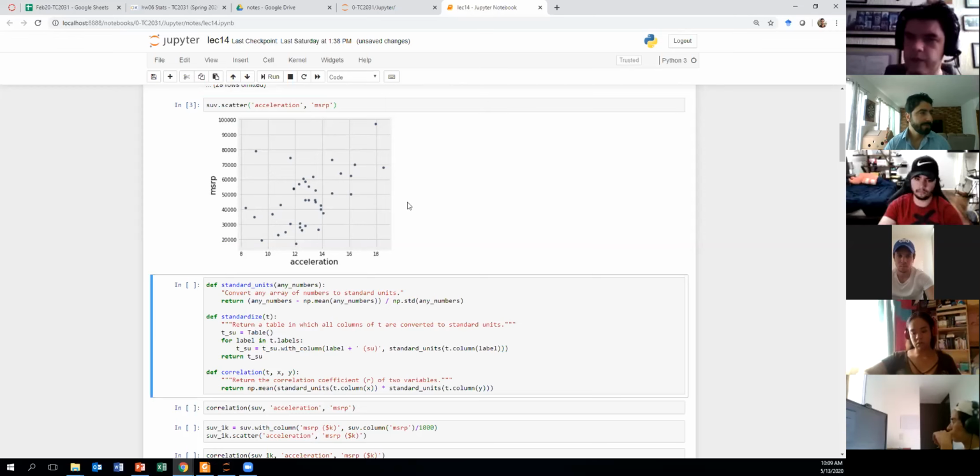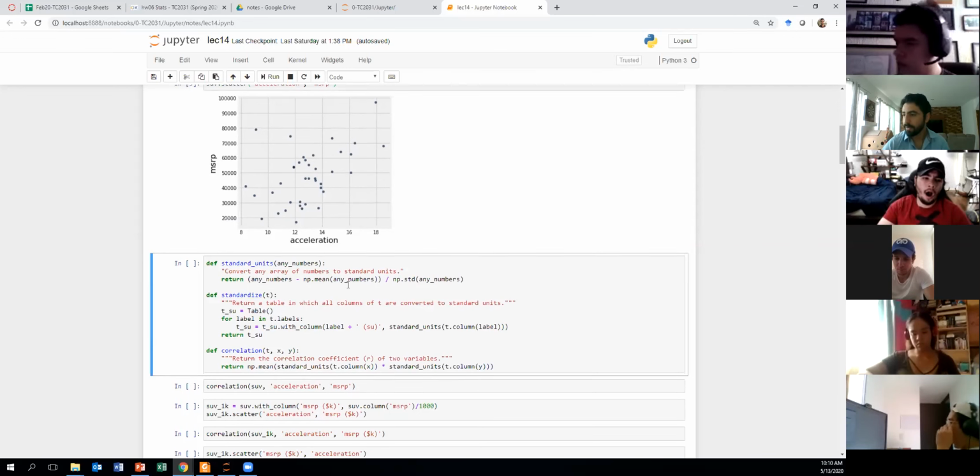I don't know how much the ones that are really far away affect it. Yeah, it's a very rough estimate, but how you're looking at it is that it's a little bit upward. If you don't consider the outliers, it's upward, so you consider the R value to be positive. Then you say the outliers are going to affect it, so it's not going to be that high. We're going to see that.